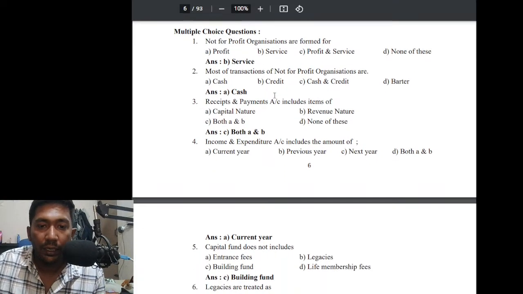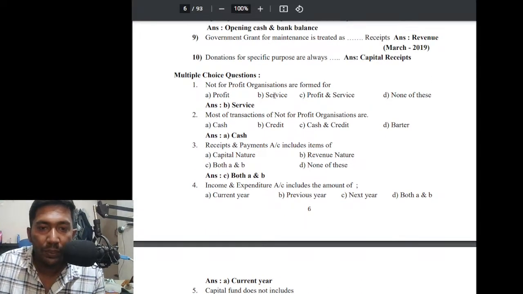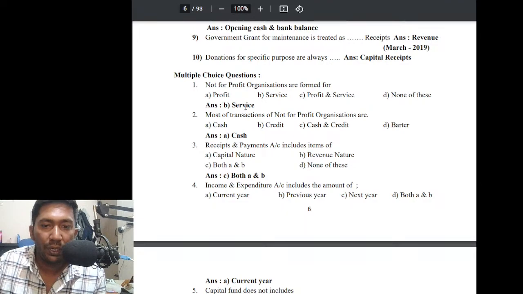Okay, so here next we are heading towards multiple choice questions. Here they have given: not for profit organizations are formed for service. The main motto of forming a not for profit organization is service. Most of the transactions of NGOs are carried on the basis of cash.